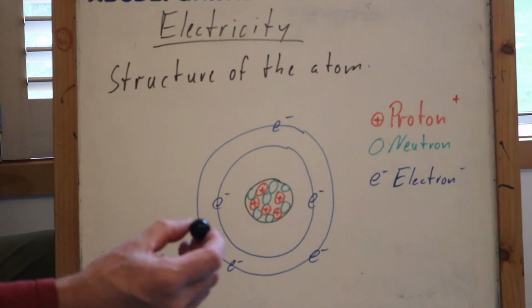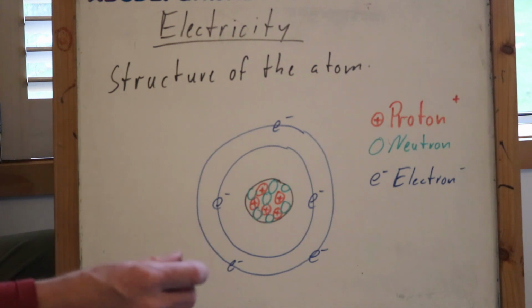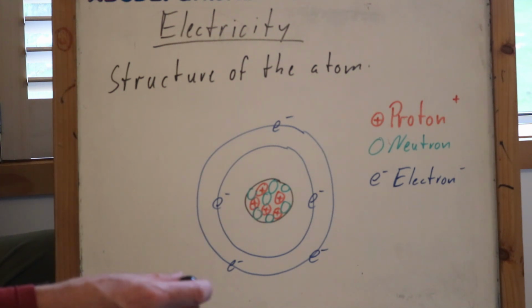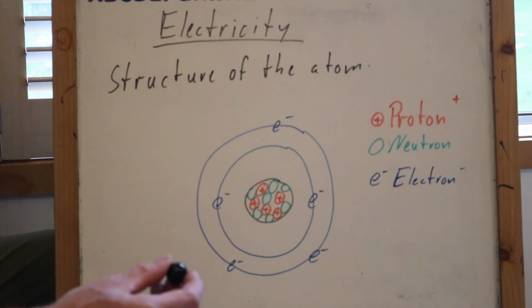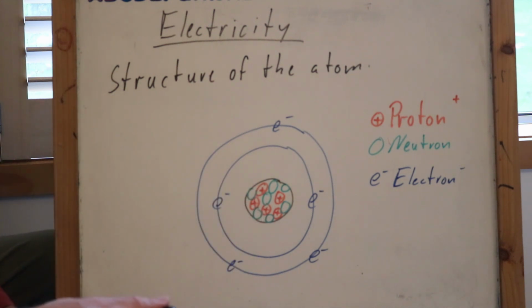So the nucleus is actually tiny in comparison to the size of the atom. And you all know that atoms are actually really tiny as well. So everything we know is made up of atoms, and I just explained to you that atoms are mostly empty space, so you're actually mostly empty space.